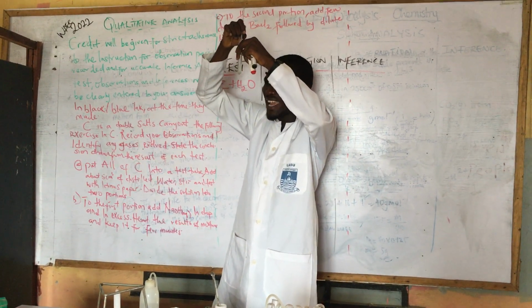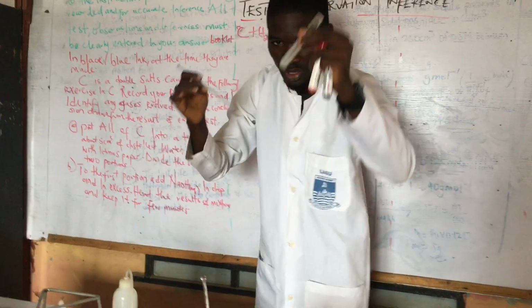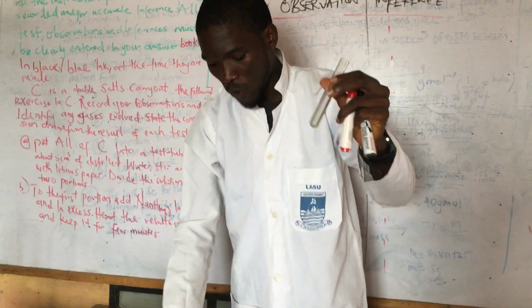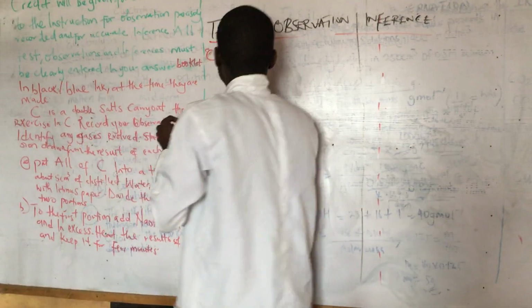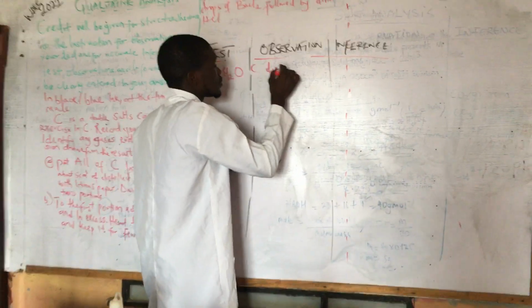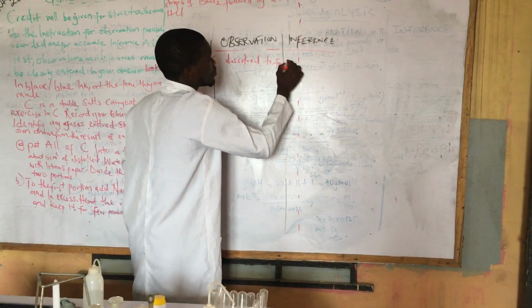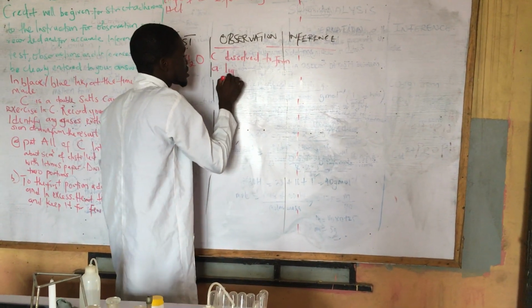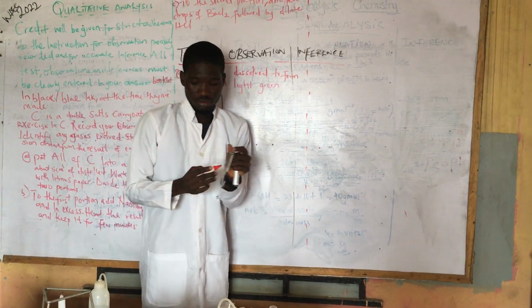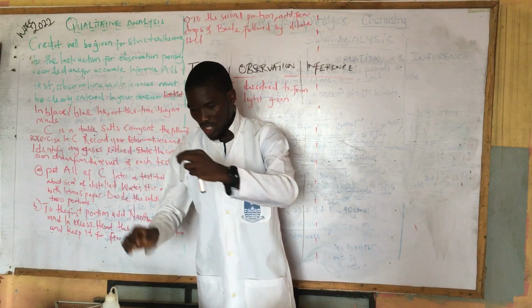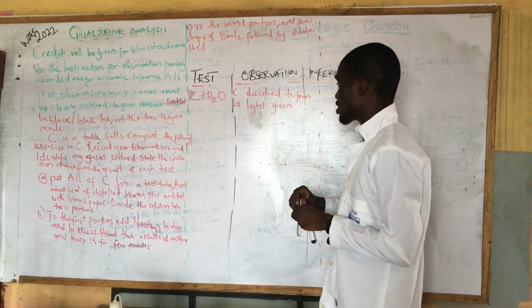C dissolves to form a light green. You can see now, it's not a lemon, it's a light green. Can you see it now? So you can write: C dissolves to form a light green. Now, what can we call our C as the inference?